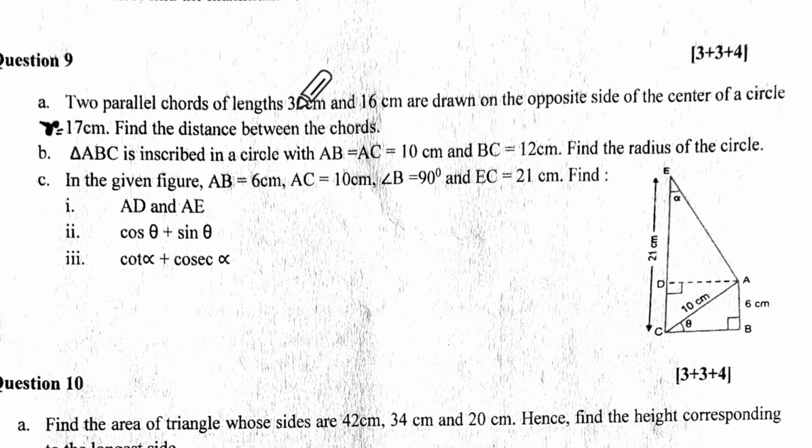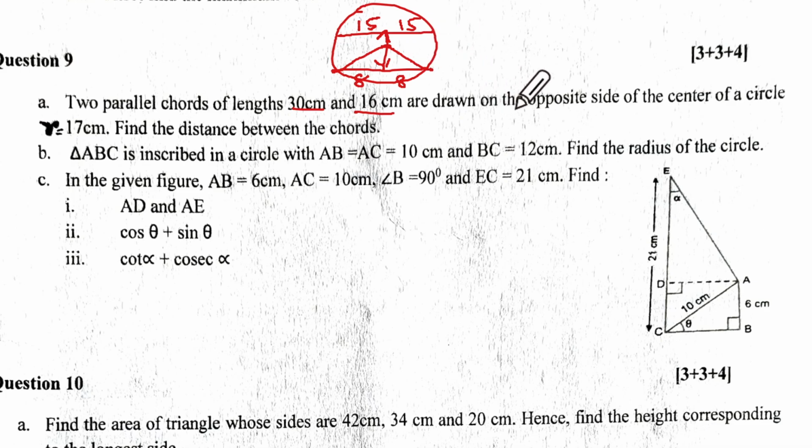Now two parallel chords. Haven't I told you about these two parallel chords? How many times I have told you this? Correct? One is 30 and the other one is 16. So if this is 30, then this will be 15 and 15. This will be 8 and 8. Can you see both of them? The radius is the same.